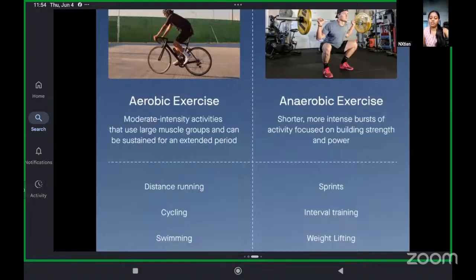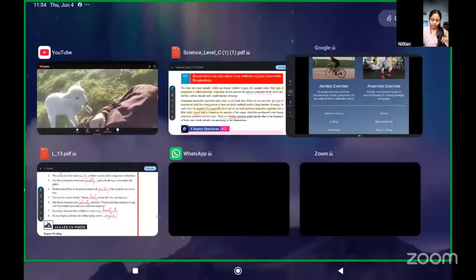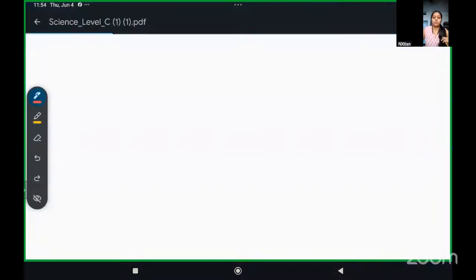Here you can see anaerobic exercises, or activities that lead to anaerobic respiration. Both activities may lead to anaerobic respiration, given the intensity of your workout.